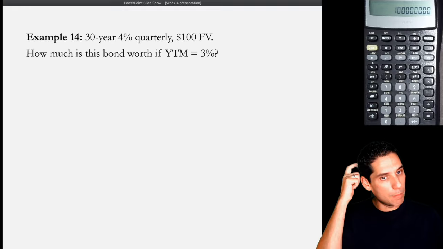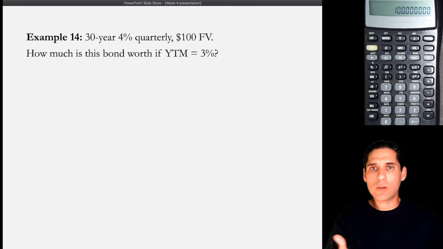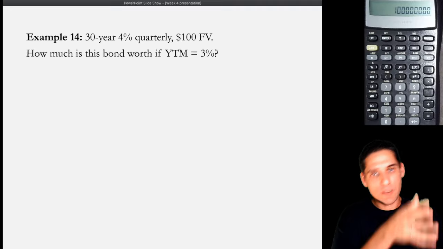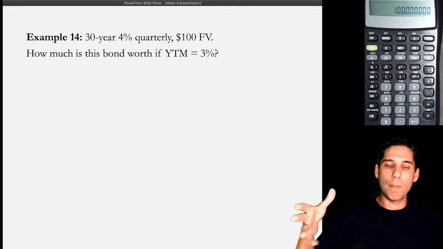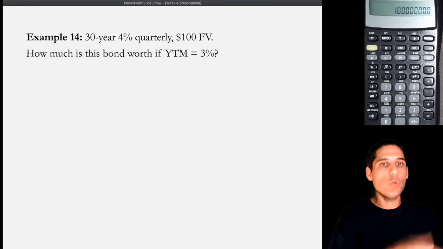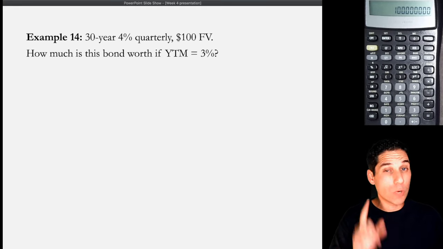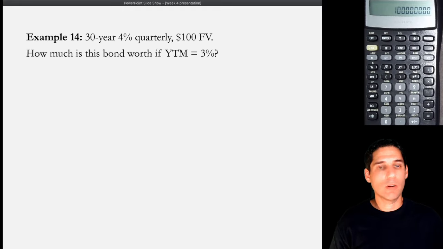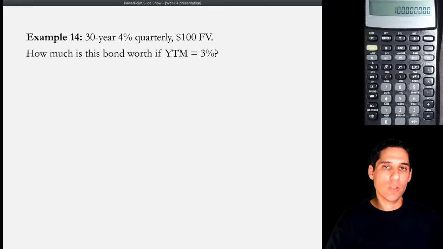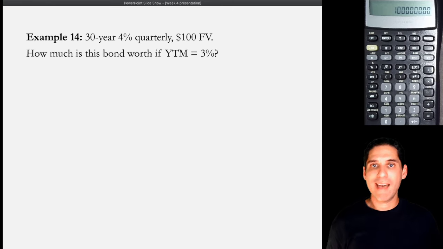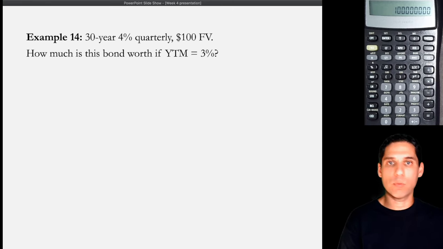This will be a premium bond. Or in general, if the yields drop from that price, the price should go up. Why? Because at that new low yield, this is a really valuable bond. If you own this bond, you're not going to want to sell it easily. You're going to ask for a premium, because it's paying too much interest. So this is really good, so we're going to value it highly. So let's see if the math works like that.